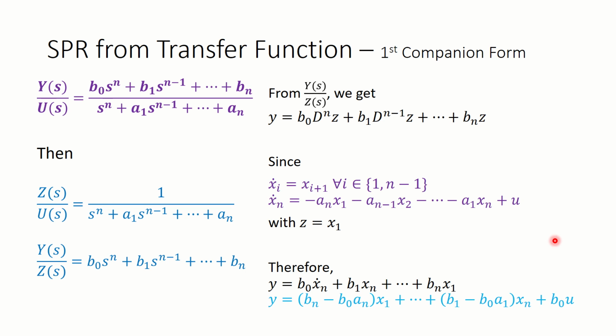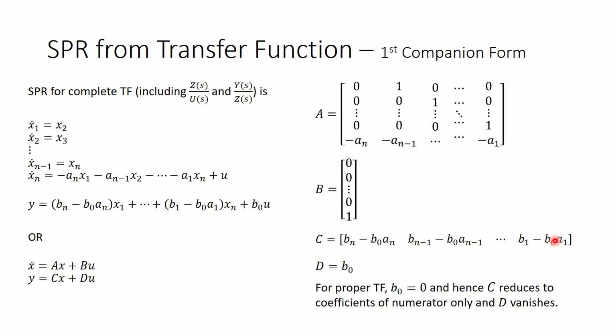So only the y equation changes, the x equation does not change, the x dynamics does not change, only the y equation changes. And then we can express it in terms of ABCD once more. Only you will see that C and D have changed, A and B remained as they are. So that's why the form remains the same.